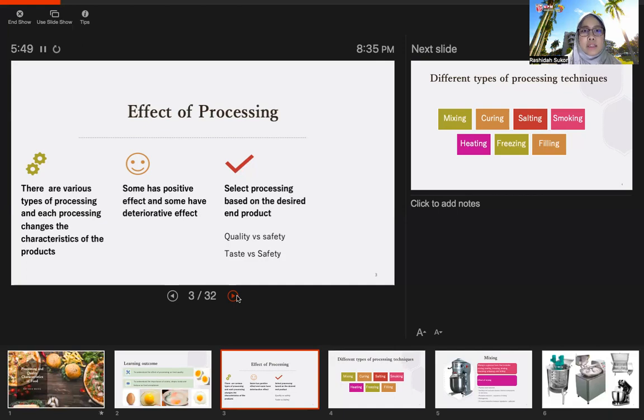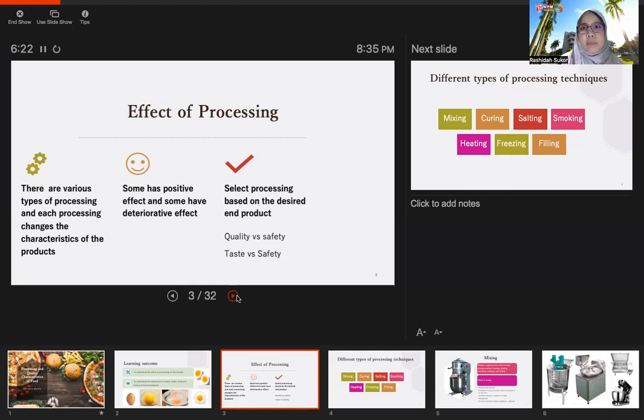So they will have to see the balance of how much of the nutrient can be sustained. They will consider the after effect of the processing, whether we want to enrich the nutrient or add the nutrient later. Processing techniques are selected based on the desired end product, whether we want to focus on quality or safety, but mostly we focus on both.